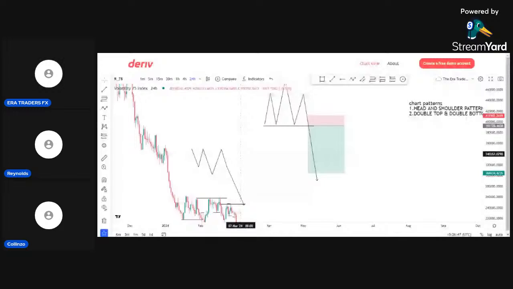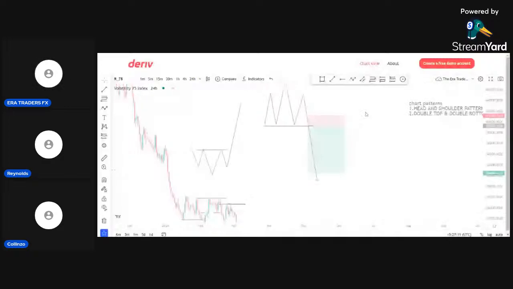All right. So this is the neckline. It's called the neckline. These are the two shoulders, and this is the head. When we see something like this in the market, we're expecting it to go in a direction.